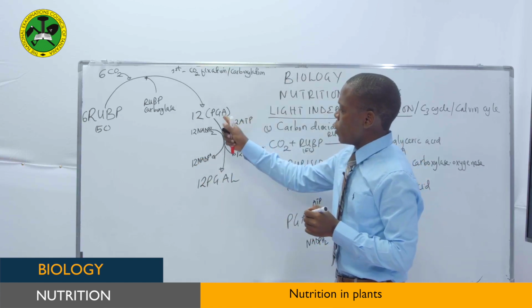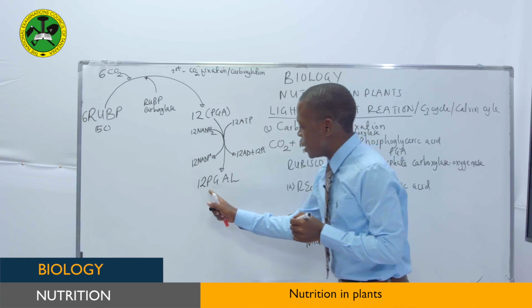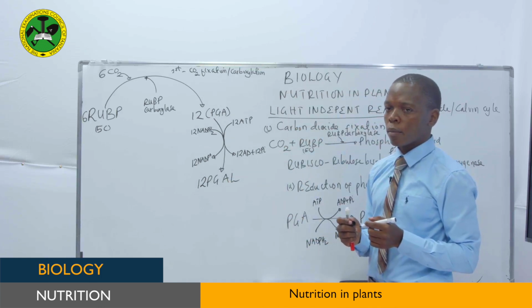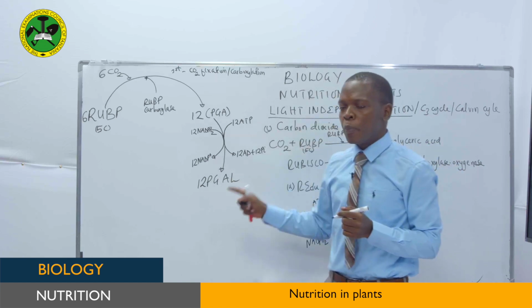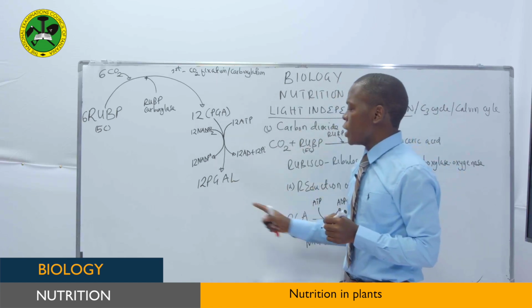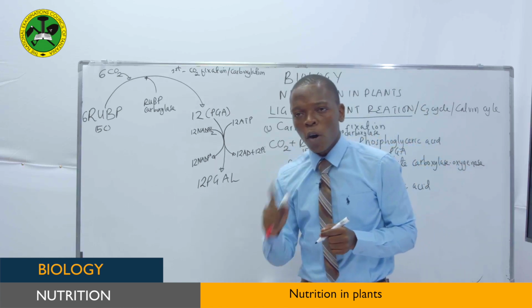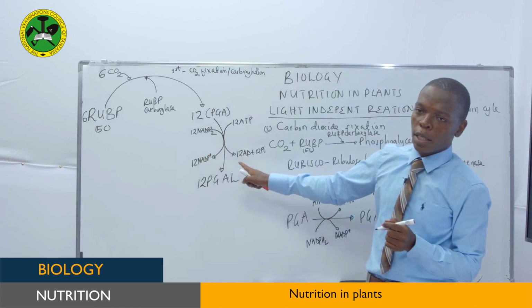See? Now the PGA has been converted into PGAL, and this PGAL is the first carbohydrate to be formed during the process of photosynthesis.